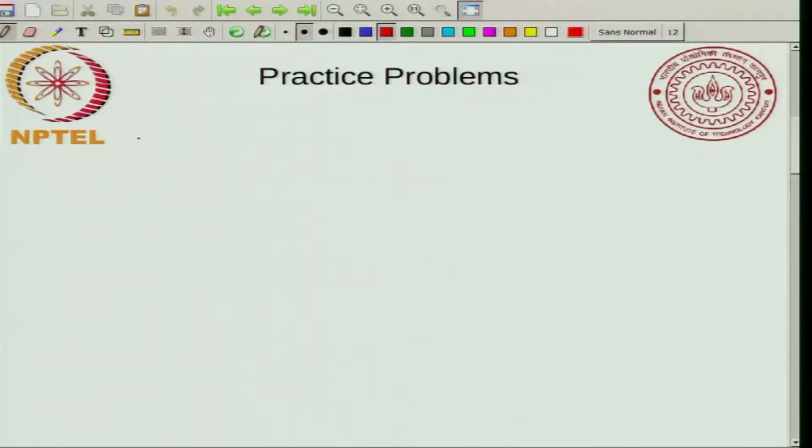The first one has to do with the use of the Frobenius method. I'll just state the problem.